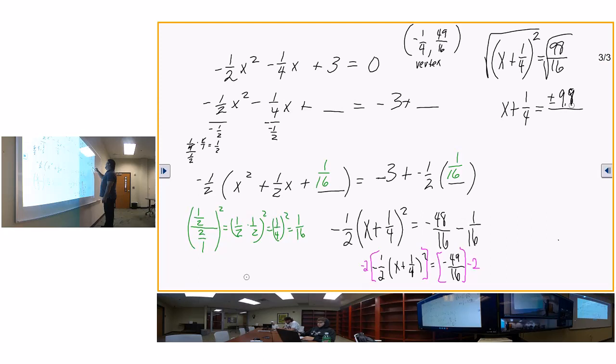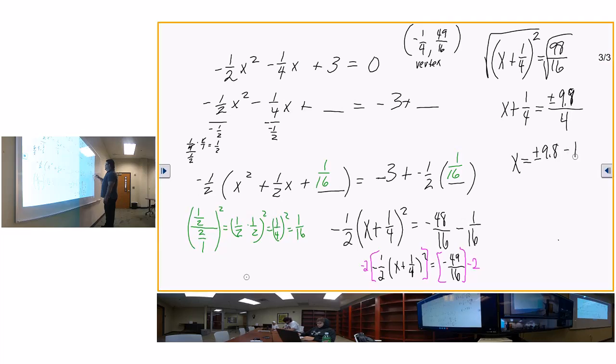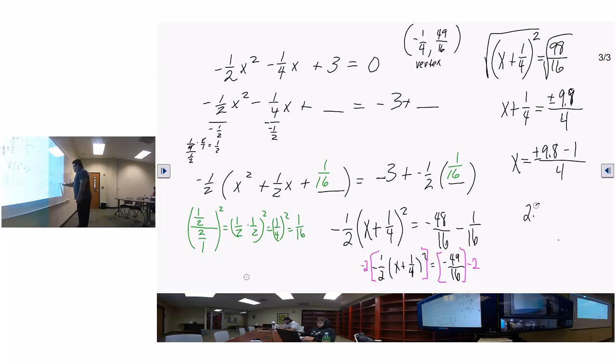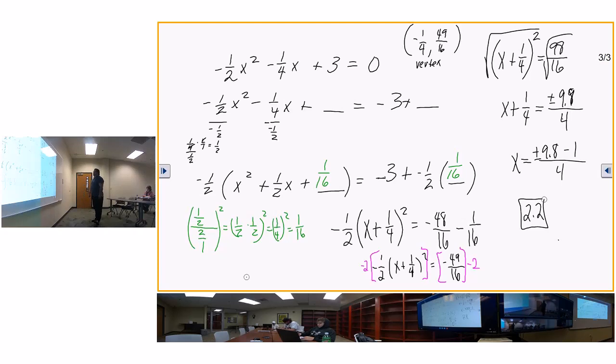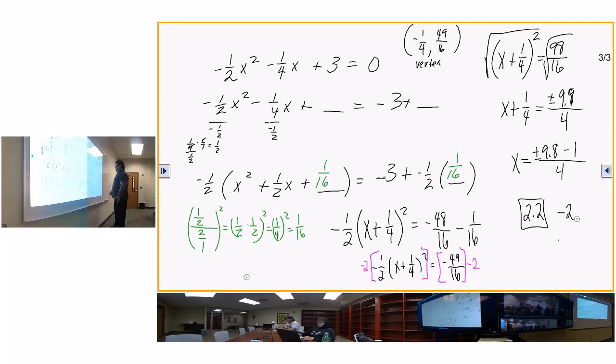So x is equal to positive or negative 9.8 minus 1 over 4. 9.8 minus 1 is 8.8, over 4 is 2.2. And negative 10.8 over 4 is going to be negative 2.7. Somebody check my math there. I don't know if I got that one right or not.